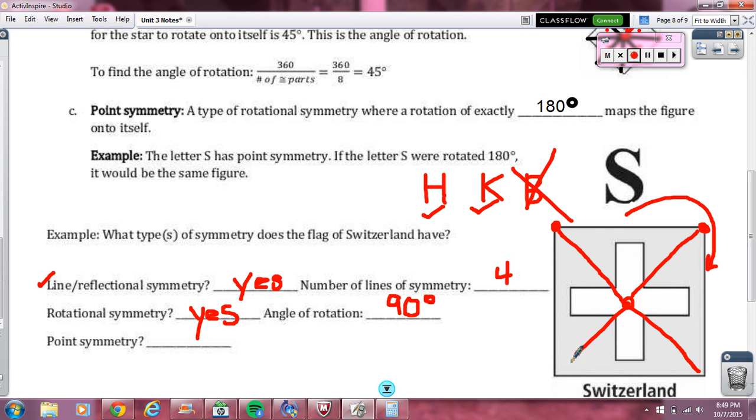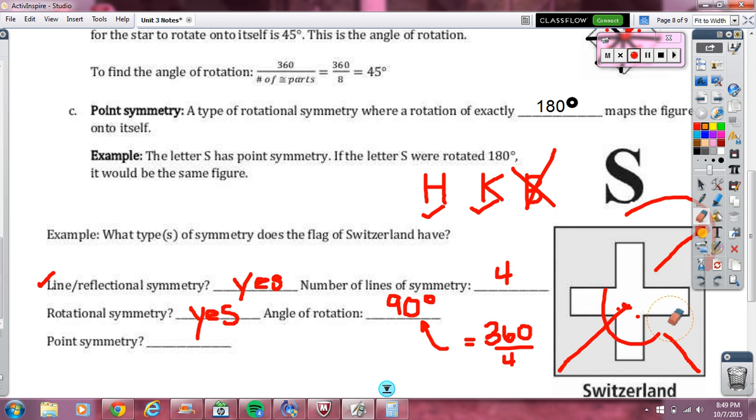Notice that with a square, I'm dividing my circle or my 360 degrees into 1, 2, 3, 4 equal parts, and we hopefully know that 360 divided into 4 pieces gives us 90 degrees, our angle of rotation.